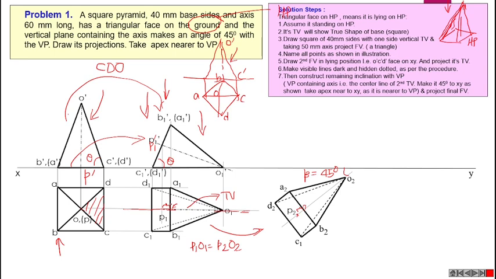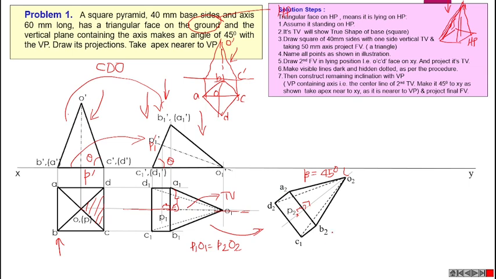Then we can draw a line which is perpendicular to the axis passing through that point. Then we can transfer this distance here.